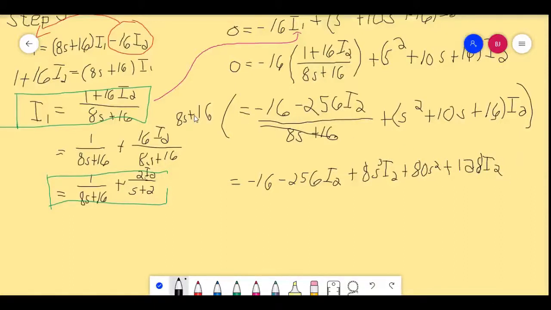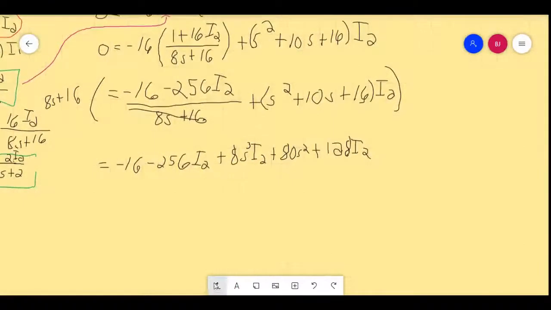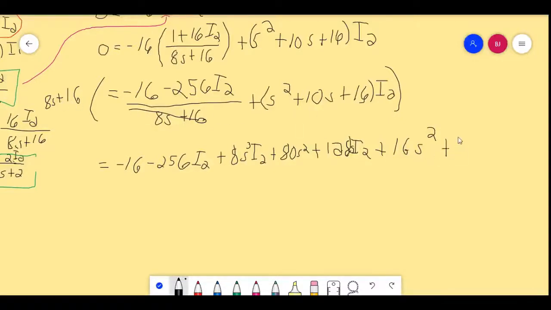Then we'll multiply 16 times s squared. So 16 times s squared would be 16s squared. Oh, there should be an s here. 16 times 10s would be 160s. 16 times 16 would be 256.